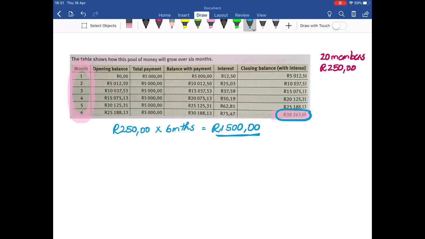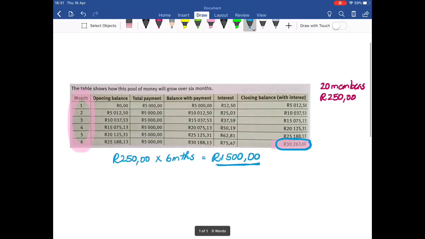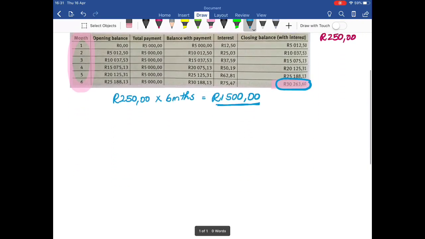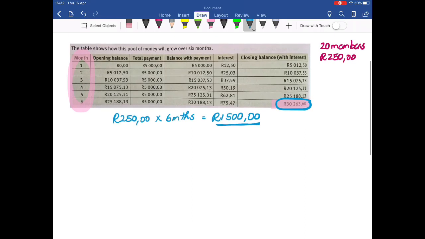So we said there are 20 members, so the person who is number 20, let's see what they would have paid over this amount of time. So they would have paid 250 Rand times 6 months times 20 investment periods, because there are 20 of them, so they each have to get a turn.